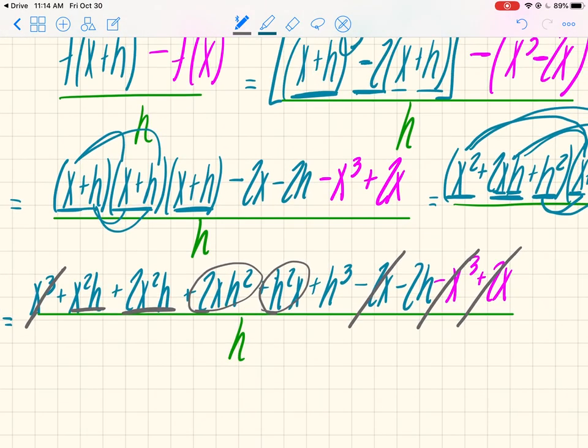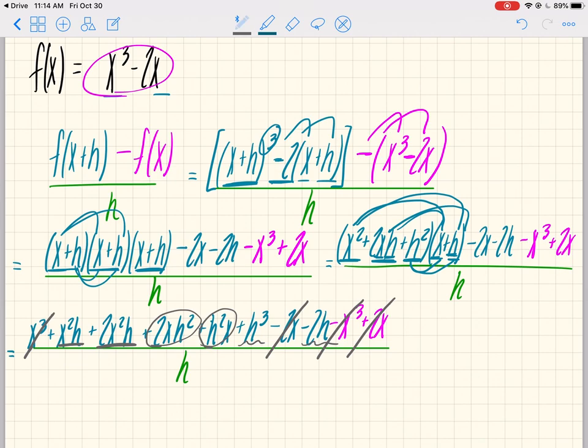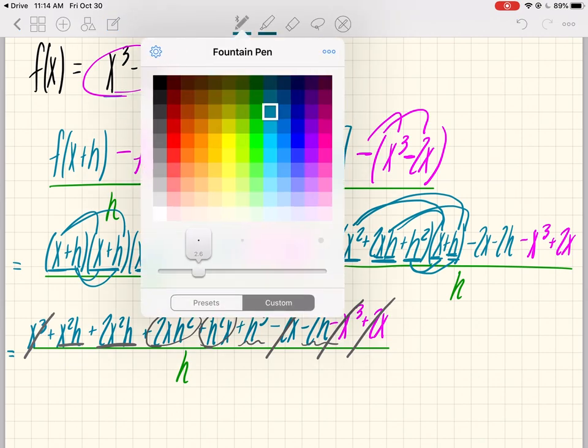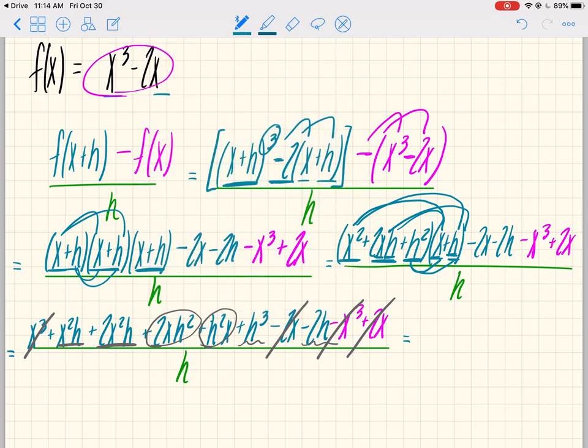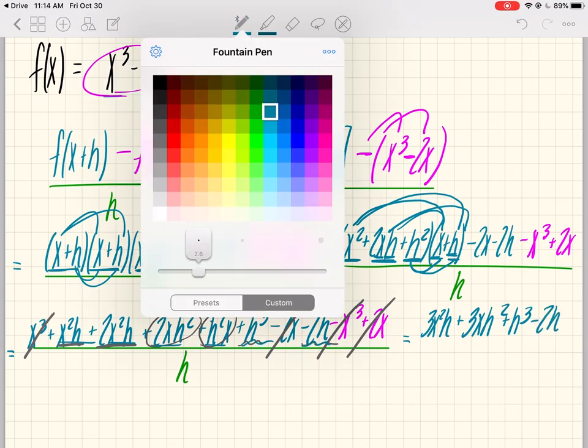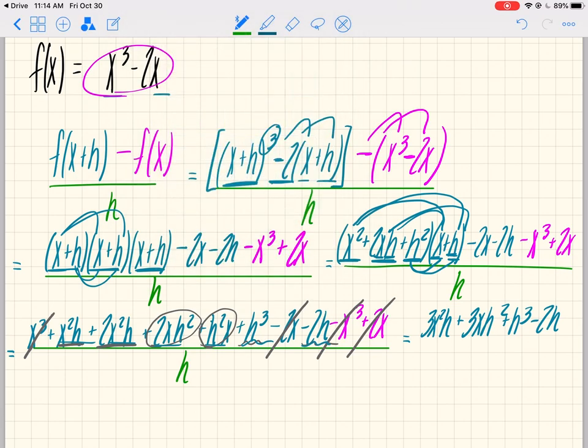And then we've got two loner terms, okay? So we're going to combine those, and we'll have 3 x squared h's plus 3 x h squareds plus the h cubed minus the 2h there, okay? And then all of that still divided by h.